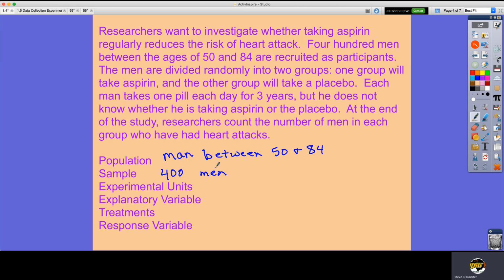Now the experimental units. Who was the experiment designed for? No. Who was the experiment put on? Let's put it that way. The men in the study, right?